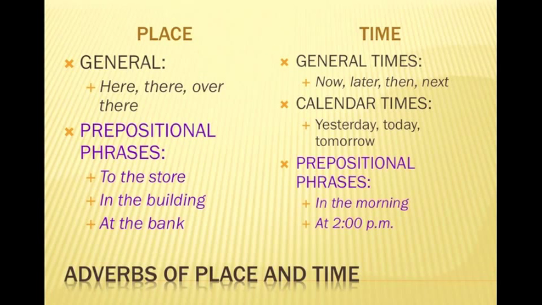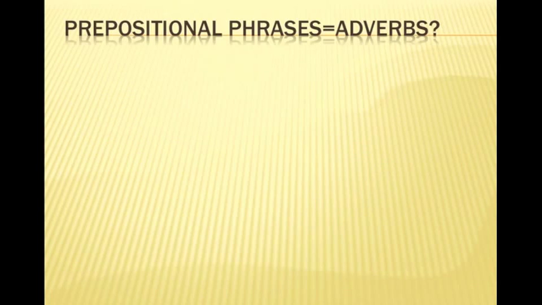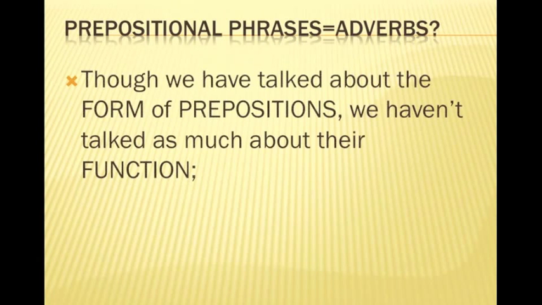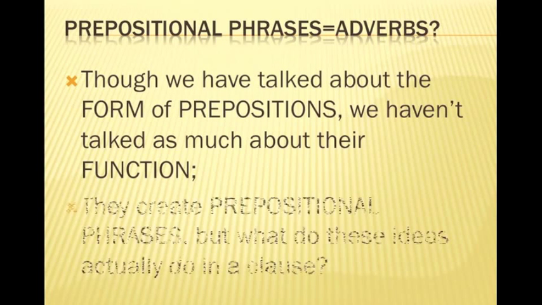And it's these last two that we want to look at a little more carefully here, because now we start to understand something. We've talked a lot about prepositional phrases, but we haven't actually talked a lot about their purpose. So we've talked about how to form a preposition, and the form of a prepositional phrase, but what about their function?